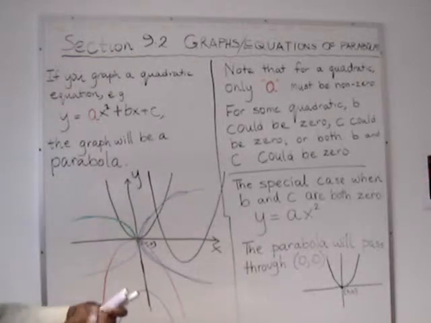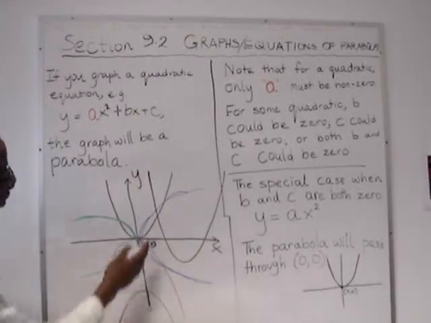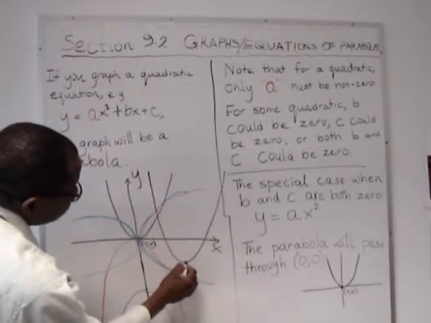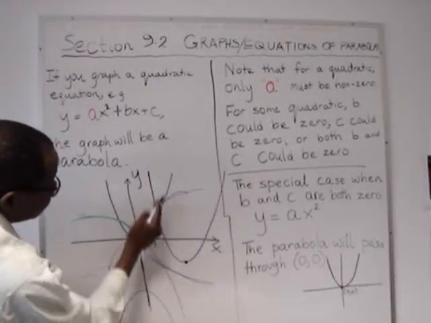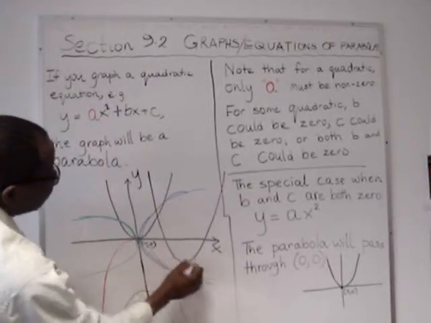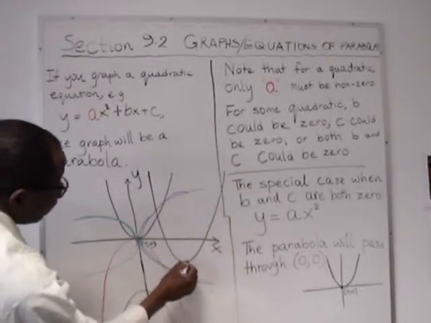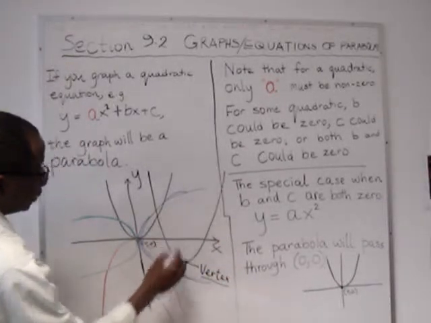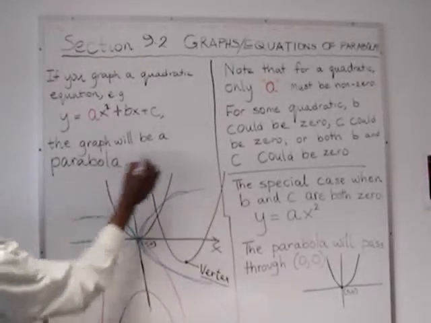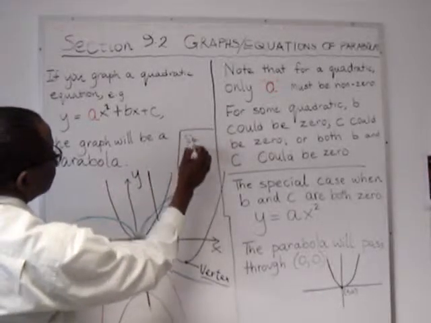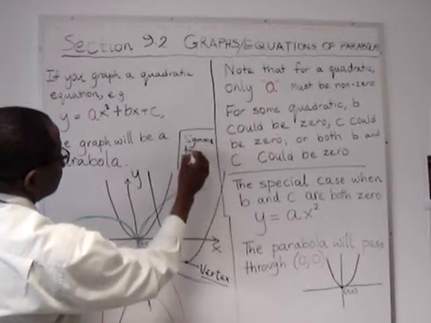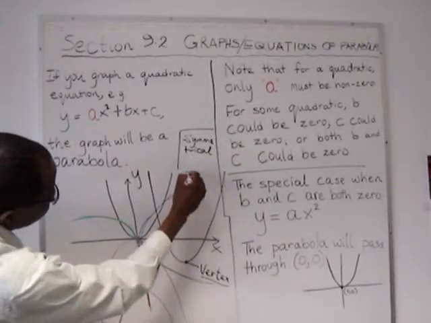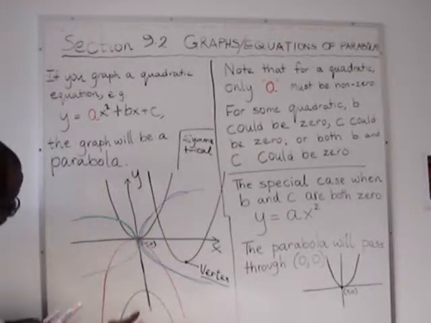The typical property of a parabola is that it is always symmetrical. The point at which it changes direction and starts going back up or back down is called the vertex. So a parabola is symmetrical, meaning that it has a line of symmetry.